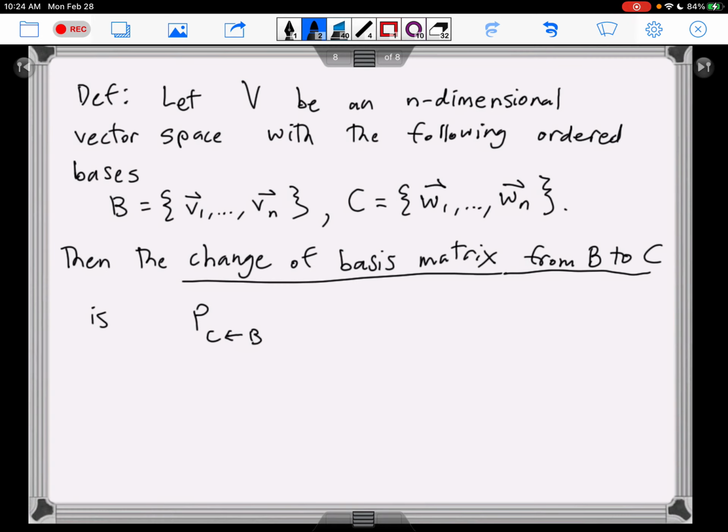We write it as P from B to C, but we write it backwards. And this is what you have to do. You have to take a matrix and write all of the basis elements of B relative to the other basis C, and put them as columns in your matrix.